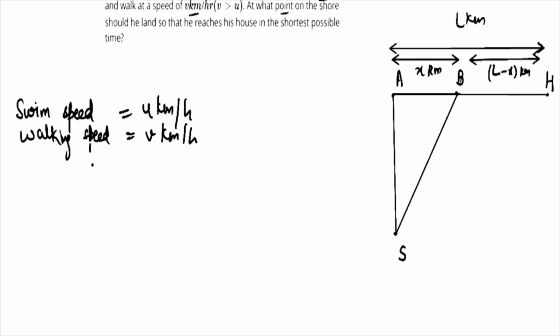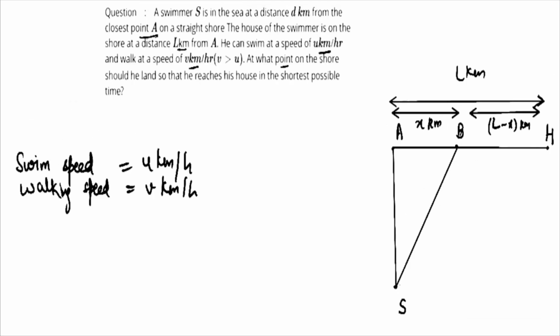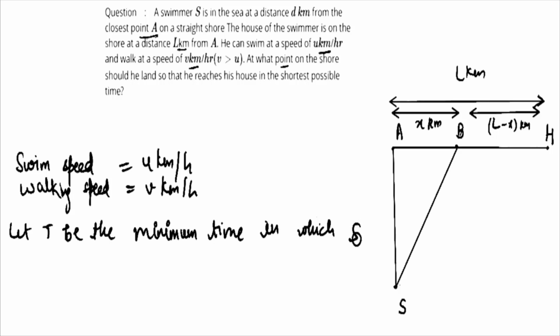Now this is the figure that we are having from the question. So we have to find the minimum time for the swimmer S to reach the point H. Capital T be the minimum time in which S will reach H.